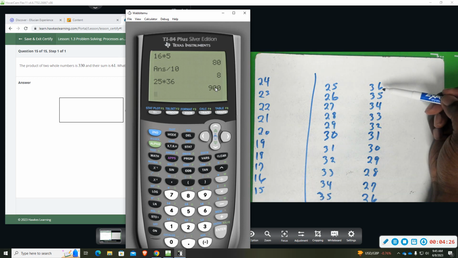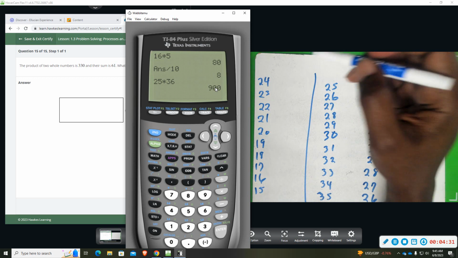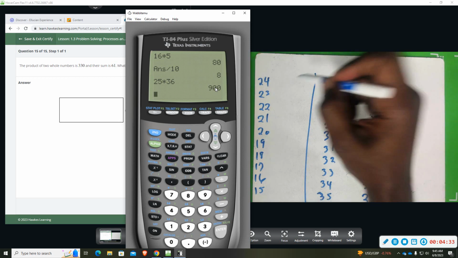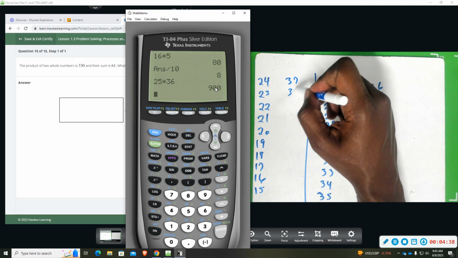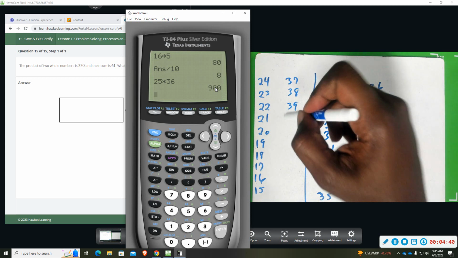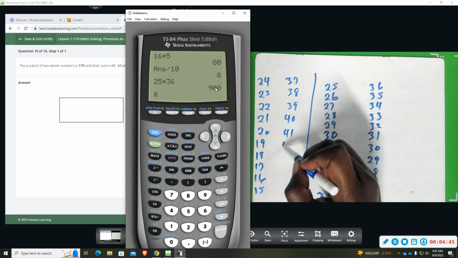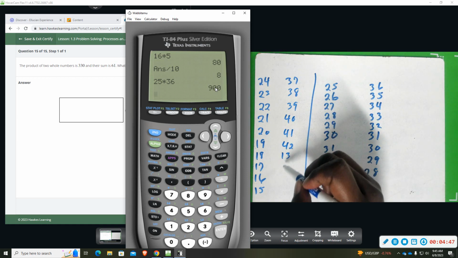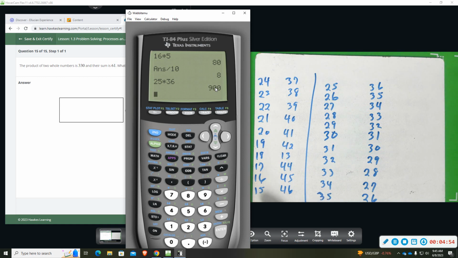And so this one would start at 37. That was counting down, we'll count up. 38, 39, 40, 41, 42, 43, 44, 45, 46. Okay, so I'm going to drop all the way down here to 15 and 46 and see what that number looks like.